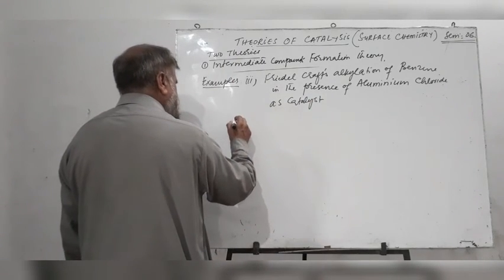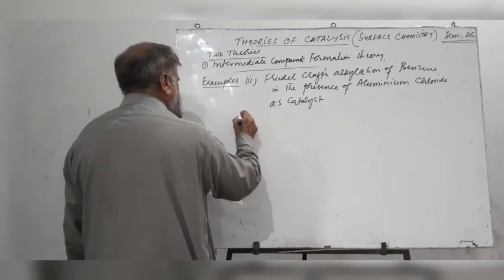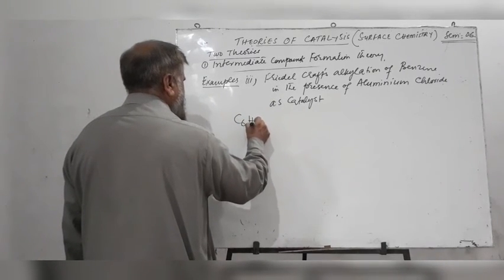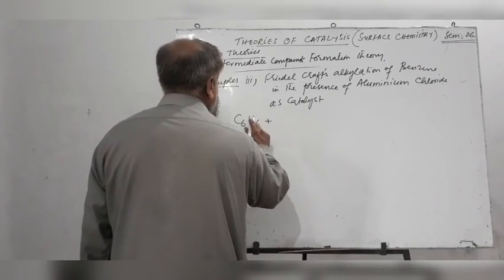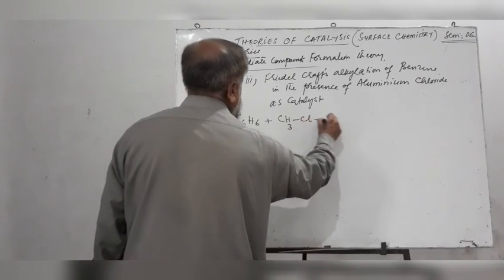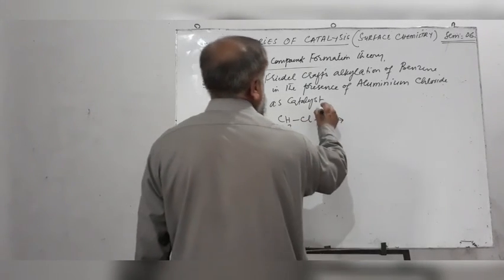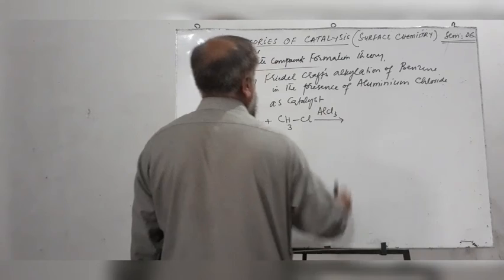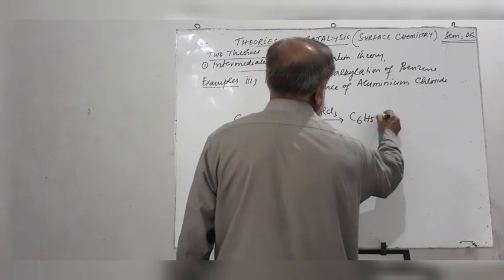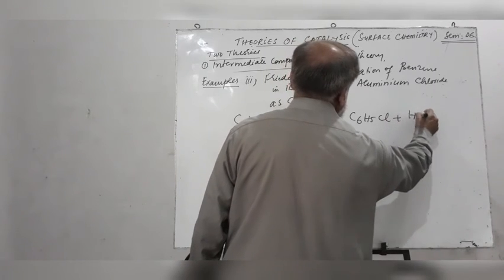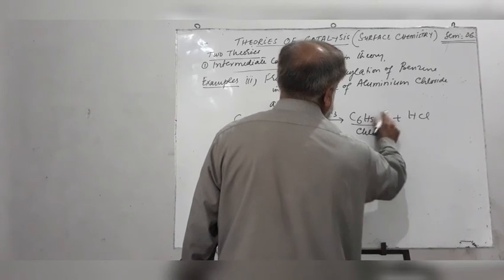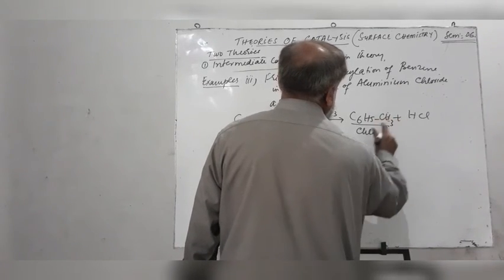The reaction is C6H6, which is benzene, reactant A, plus CH3Cl, methyl chloride, reactant B, AlCl3, aluminum chloride is catalyst, and we get C6H5CH3, which is toluene, plus HCl.